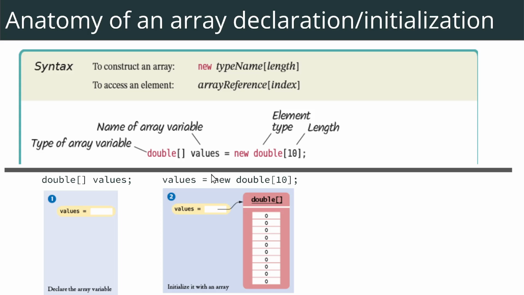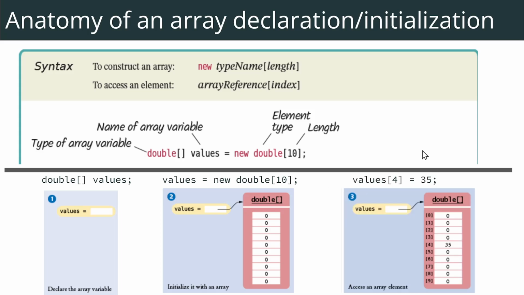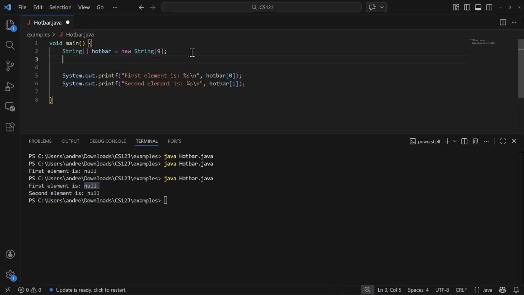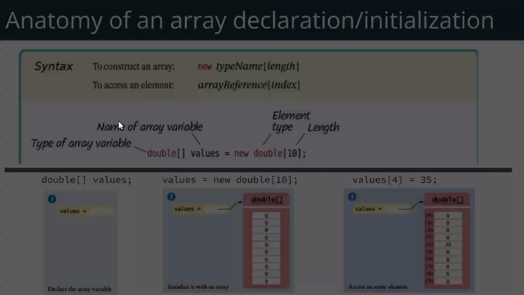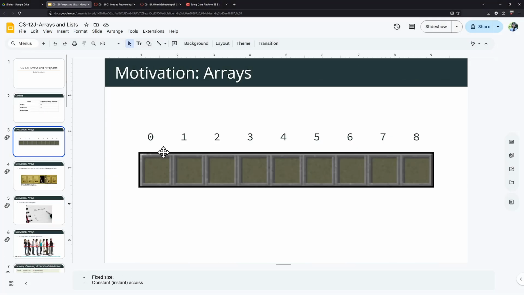So if you were to initialize certain things, one way you could do it is by accessing the element and then manually initializing it to some value. So if I were to do that to the first element here, I could say hotbar 0 is equal to something. Right? This is saying grab the first element and reinitialize it to something else. Right, so here I'm gonna put, let's see, what do people usually store in their first over here?